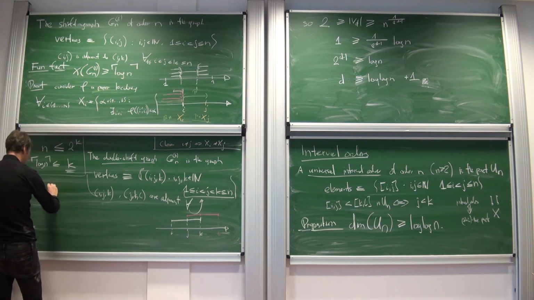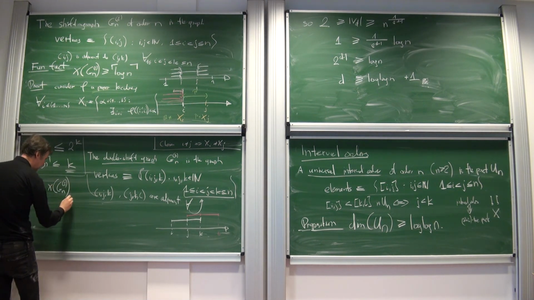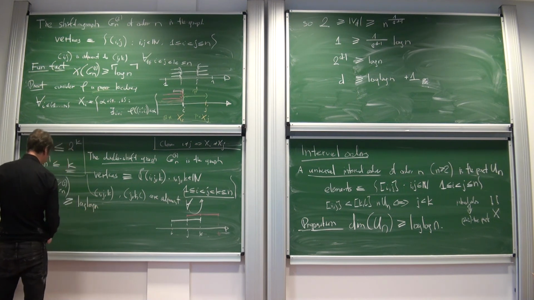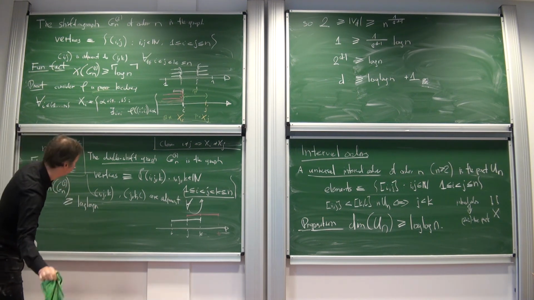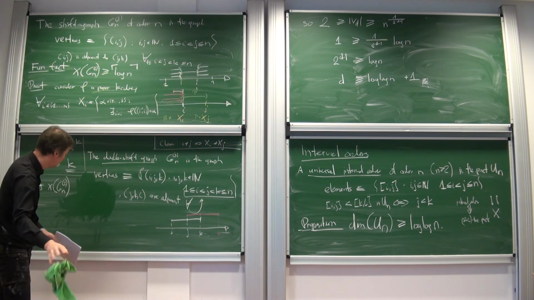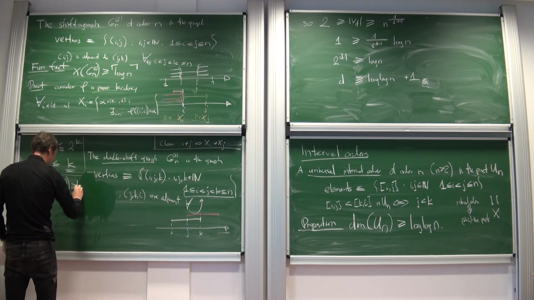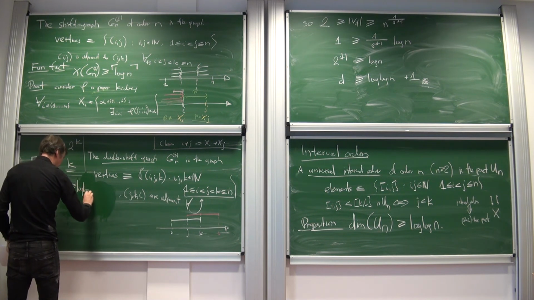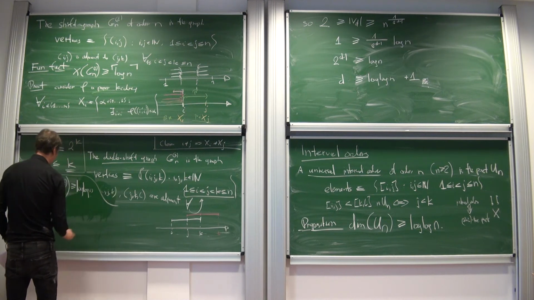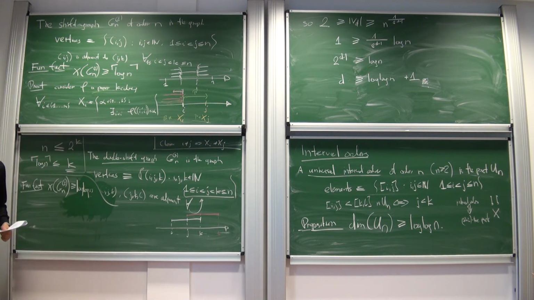And another fun fact is that the chromatic number of G_n^3 is at least log n. Okay, let's argue that quickly.